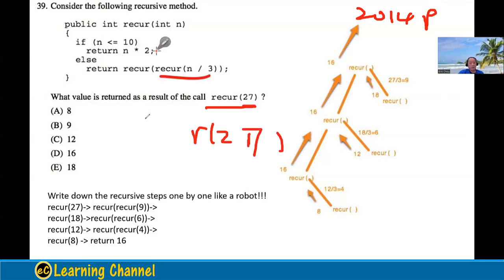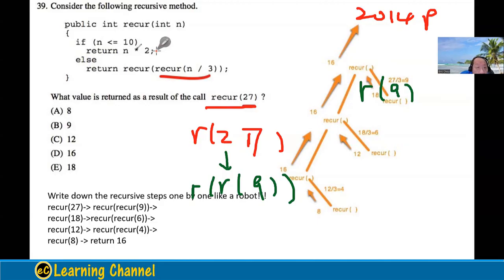You go into here, it's greater than 10. So it becomes recursion of n divided by 3. So it becomes recursion of 9. So recursion of 9, it actually is less than 10. So return n times 2.